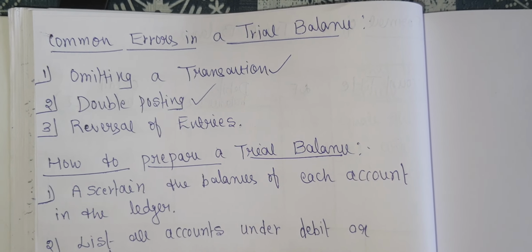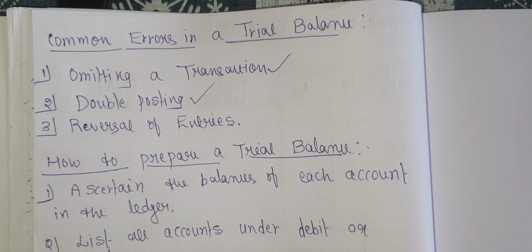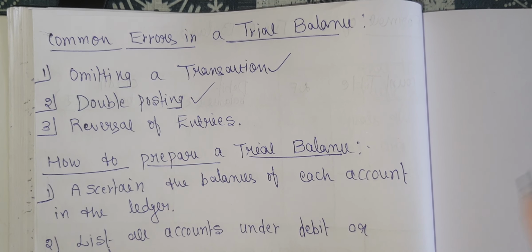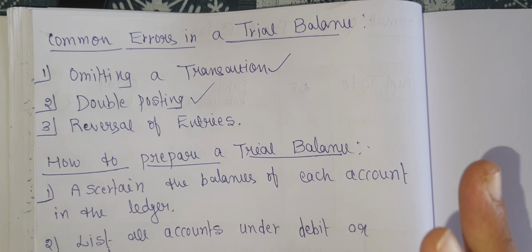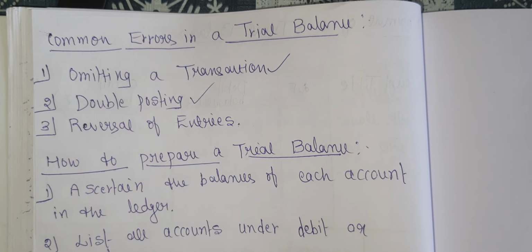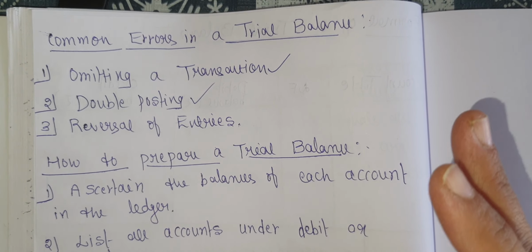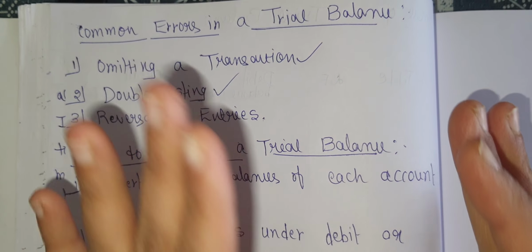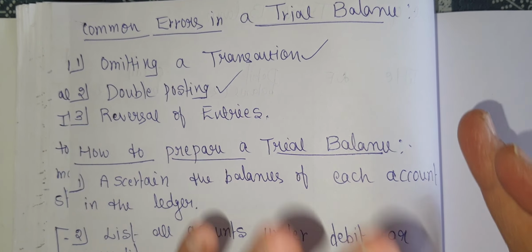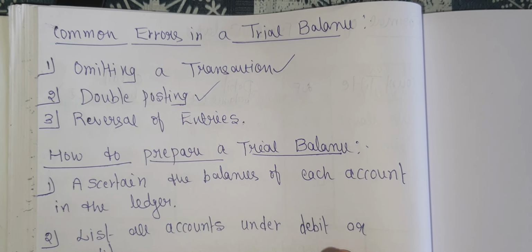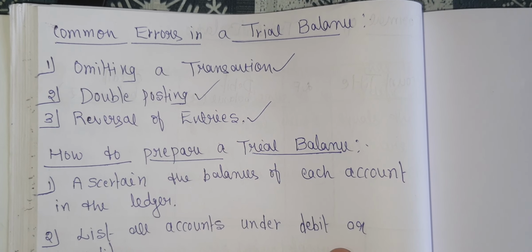Second one is double posting. Double posting means entering the same transaction twice, which can misrepresent the balances. Next one, reversal of entries.